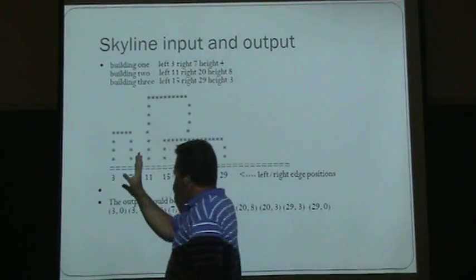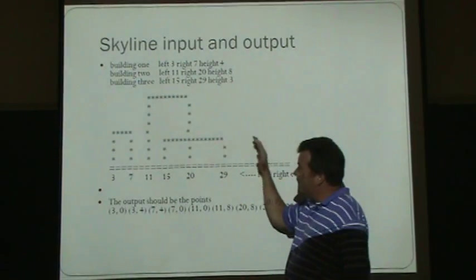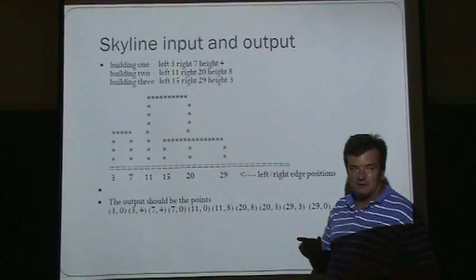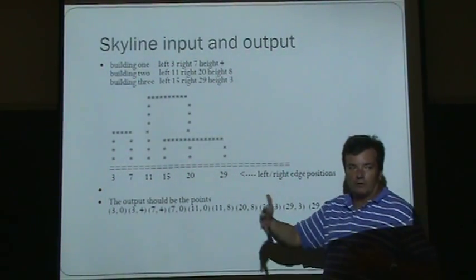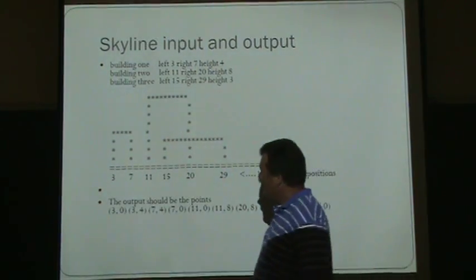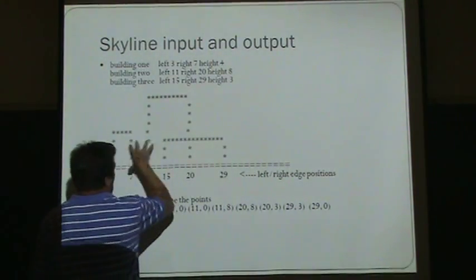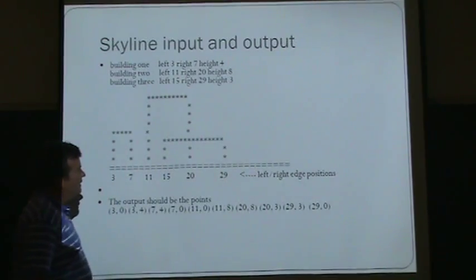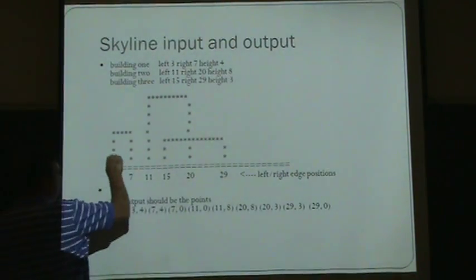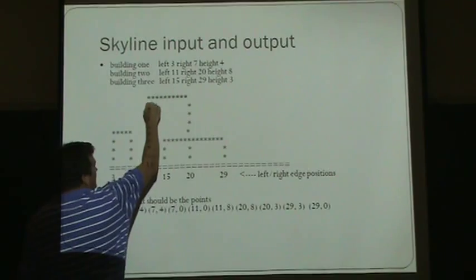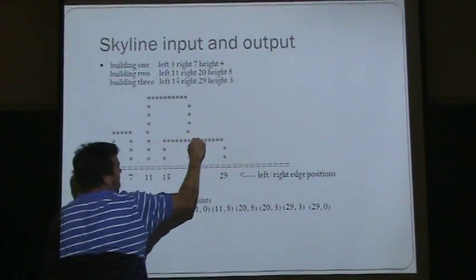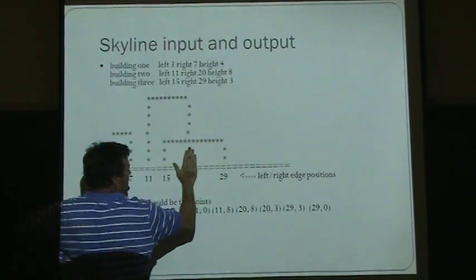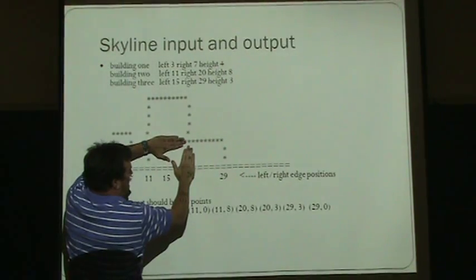We have a finite number of buildings, so there's n buildings. The more buildings, the more work your algorithm is going to do. The buildings could overlap each other, and we want to print out just the outside of the highest building at any point. We don't want to print out the parts of the buildings that overlap.